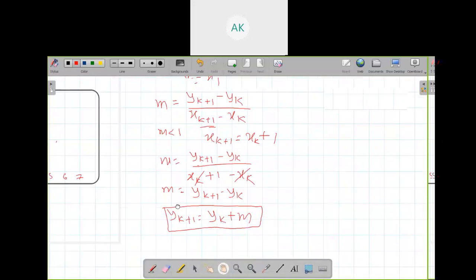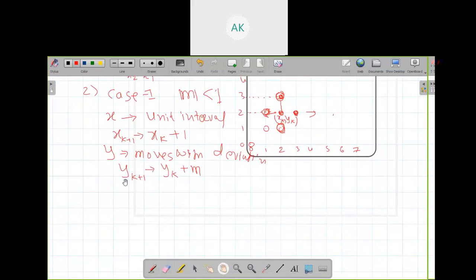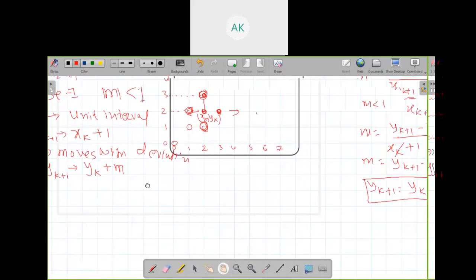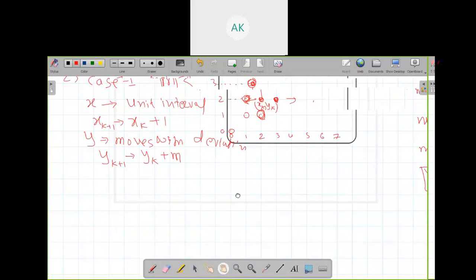The same thing I write here, yk plus 1 will be yk plus m, calculated from this equation.